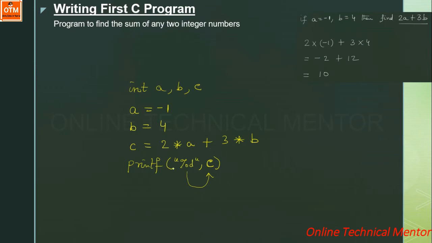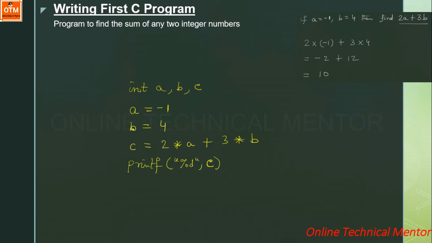In C programming language, we require this kind of format specifier. For integer, we write %d. For a decimal fraction or float value, we require %f. For character printing, we require %c. So for different data types, we require different format specifiers. I will show you everything after this presentation. For the time being, for an integer variable, we need this %d format specifier.